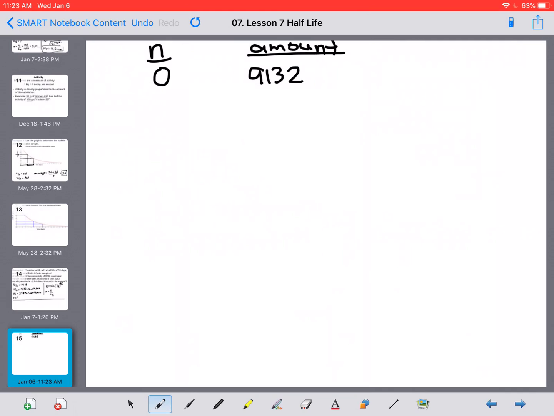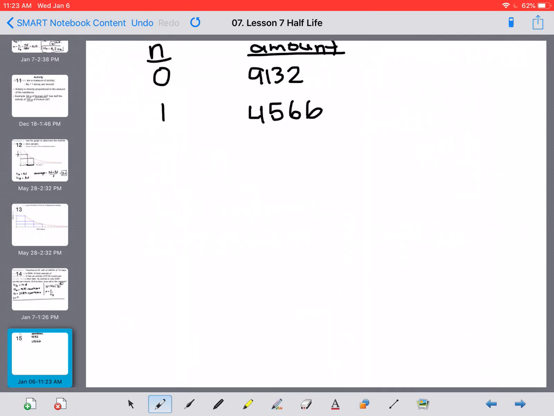Now you're going to say, okay, after 1 half-life, what is the activity? And remember that every time 1 half-life goes by, the amount is going to go down by half. So I'm just going to divide 9132 by 2. So after 1 half-life, the activity is 4566.